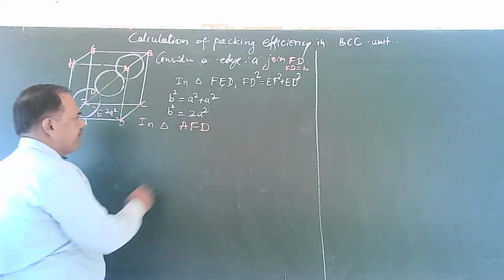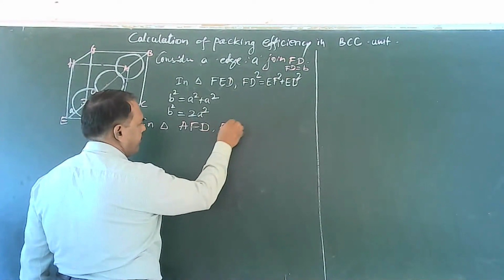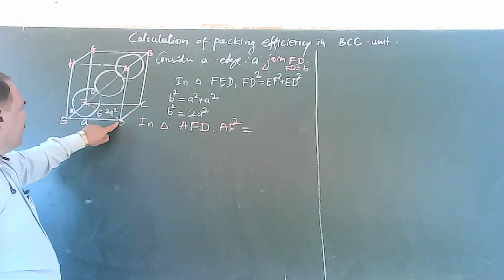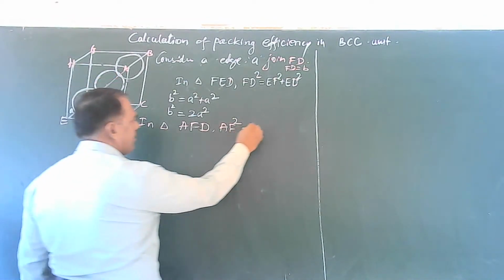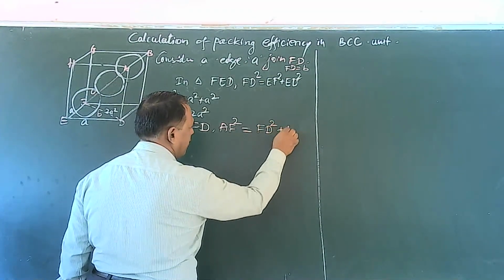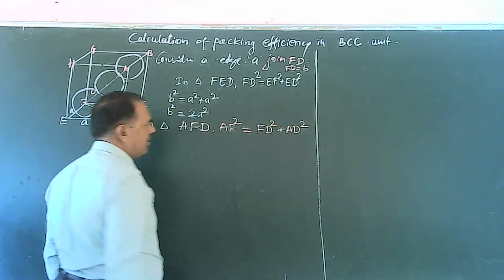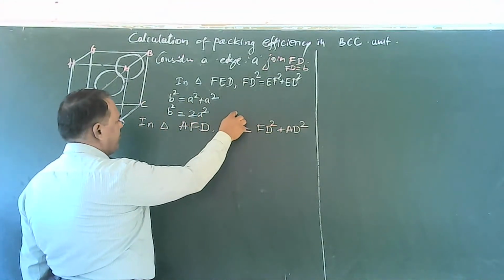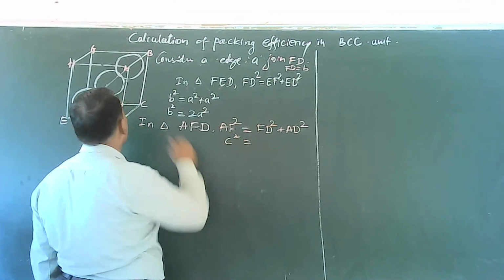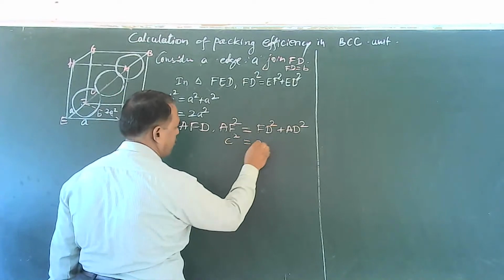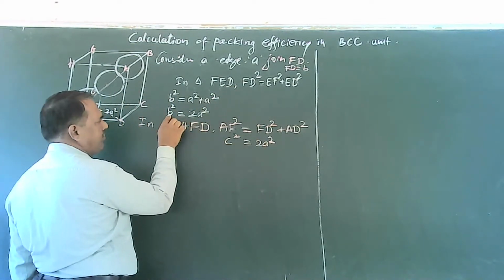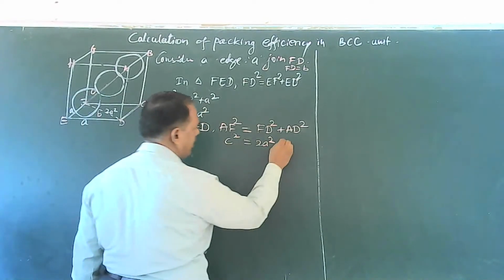See, AF square is equal to FD square plus AD square. Are you clear? Now, AF square is nothing but C square, and FD square is B square, which is nothing but 2A square.